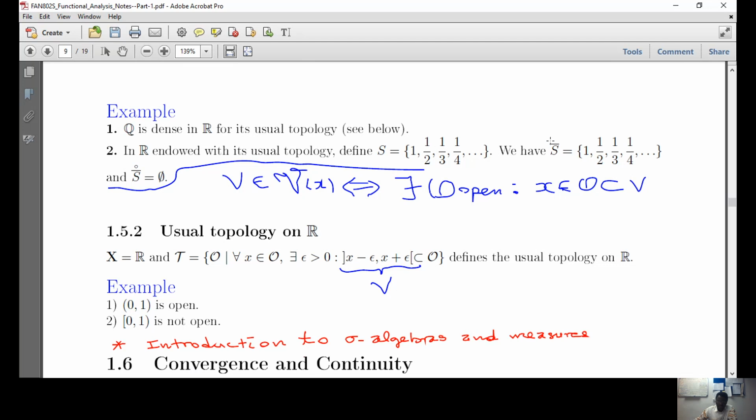Now, for the usual topology, if you take the interior, because this is not an interval, you see that if you take two consecutive points, in between there's nothing. So if you take the closure and the interior, you'll see that it will be empty.